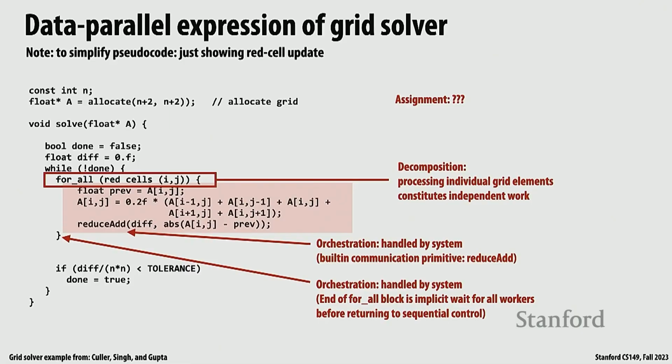Now let's step down to a lower level and see how we might write it ourselves with lower level abstractions, or another way to think about this is, if you were the compiler at runtime, how would you implement this? Which at the end of the day, someone needs to decide who does what. Okay.